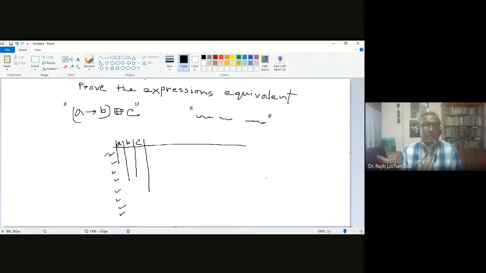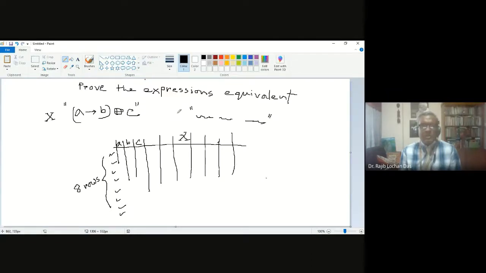So there will be eight rows for three variables, and you write them with T and F. You will make the necessary columns, then find the expression x, and then find the other things from the right side, and then the column for y, the second expression.